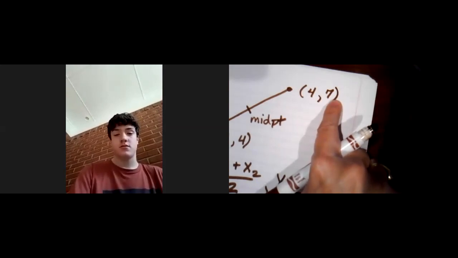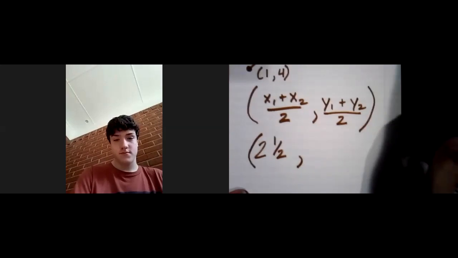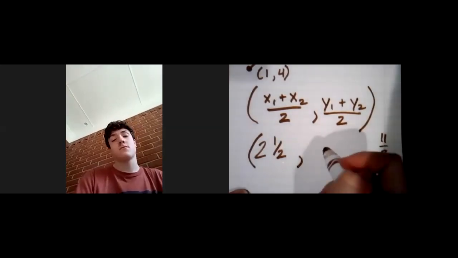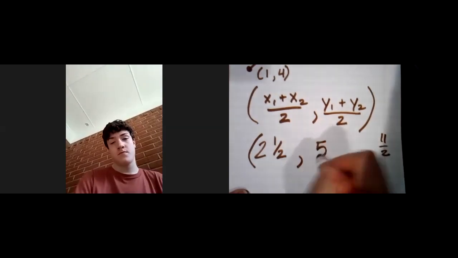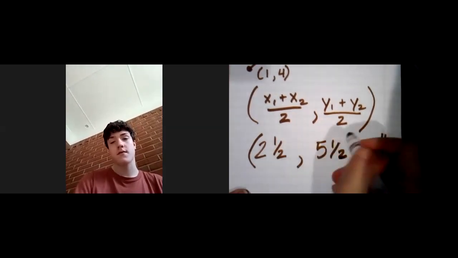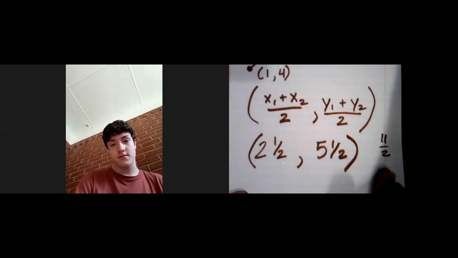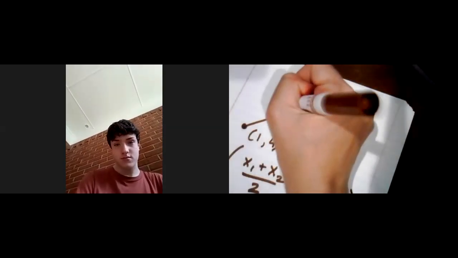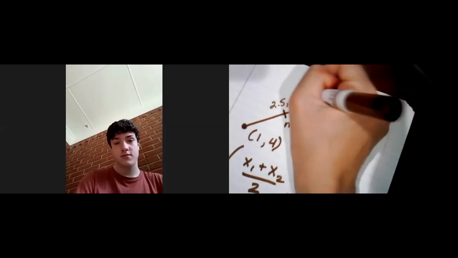We add them together, we get 11. And then you have, here, I'll put it over here. 11/2 is what, 5.5? Yeah. So my midpoint of these two is 2.5, 5.5.